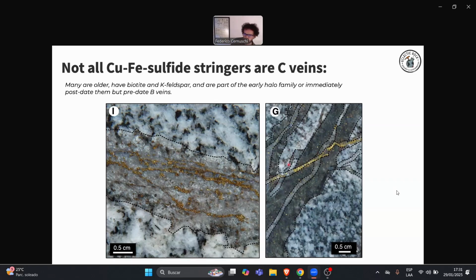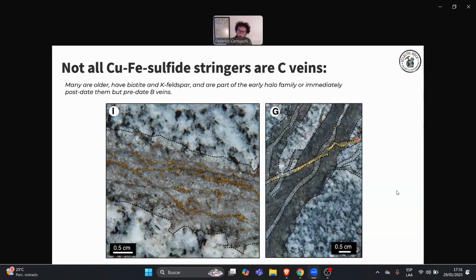This is one example, maybe a bit better of a C vein, but now I have some doubts too. This is an A vein, 2 generations of A veins and an early halo, and you see this sulfide-rich veinlet with very little quartz cross-cutting these veins. Okay? But we don't have the cross-cutting relationship with the B generation.